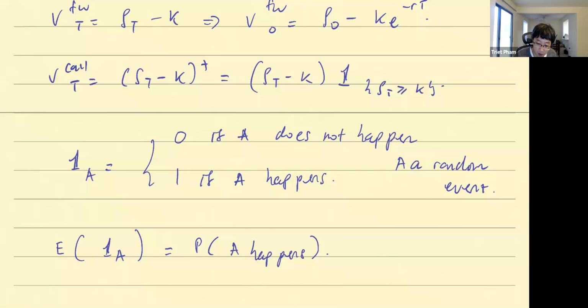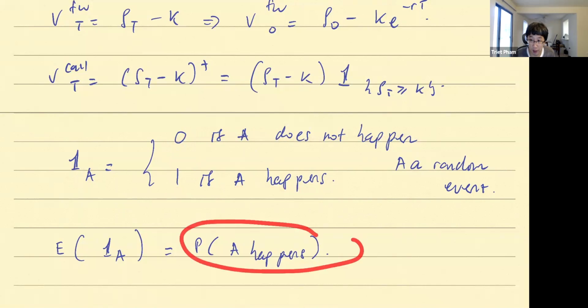The random variable is 1 if the random event happens, and 0 otherwise. So it takes exactly one value where A happens, and it comes out to be the probability that A happens.